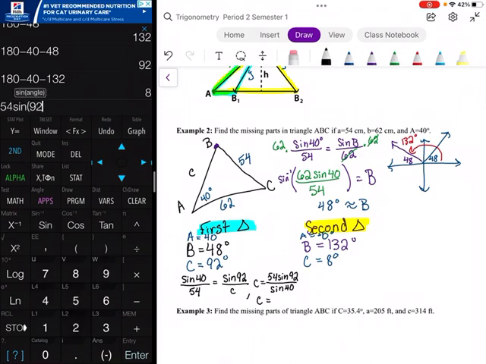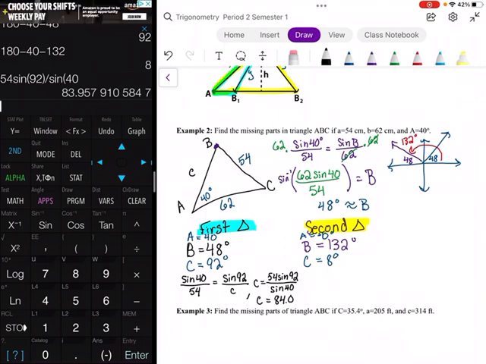Divided by the sine of 40. And we would get about 83.95. So if we rounded that one, it would be about 84.0 if we rounded it to the first decimal point. Okay, so that is all of our answers for the first triangle.